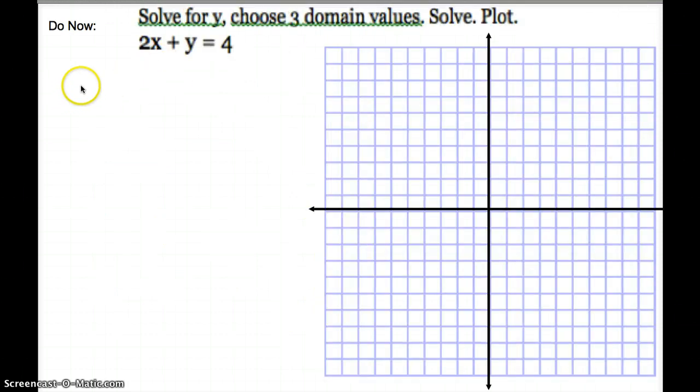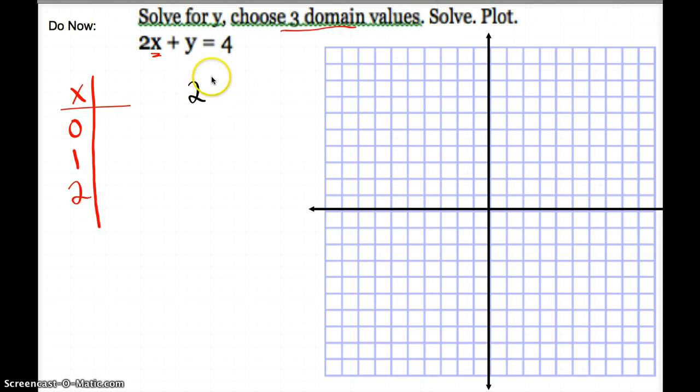Okay, so we have the same thing. We have to plot at least 3 domain values. Again, our domain will be the value of x. I'm going to pick really simple values, 0, 1, and 2. I'm going to substitute into this equation. So 2 times x plus y equals 4.